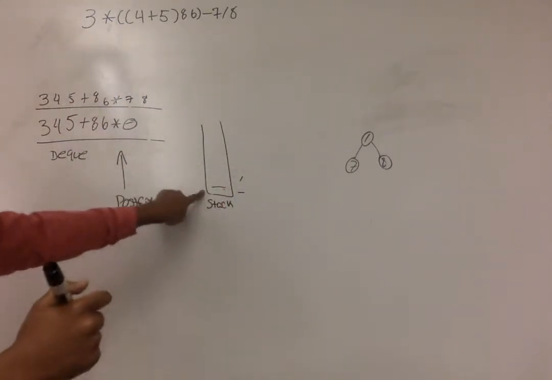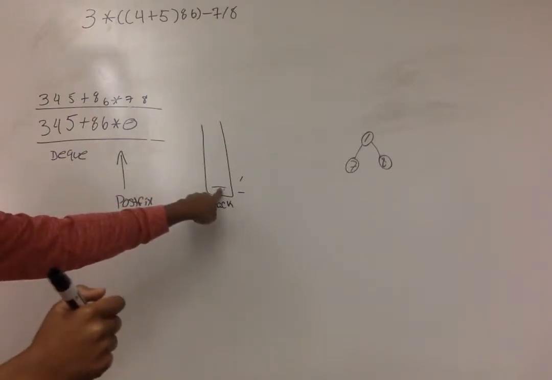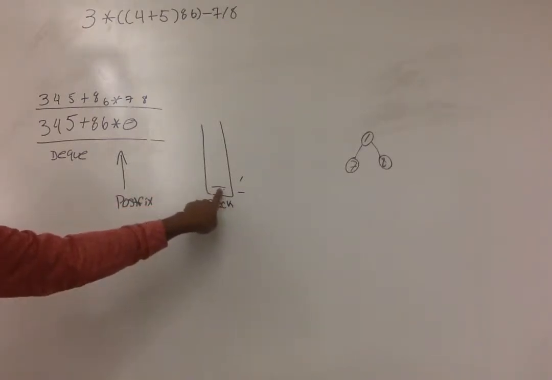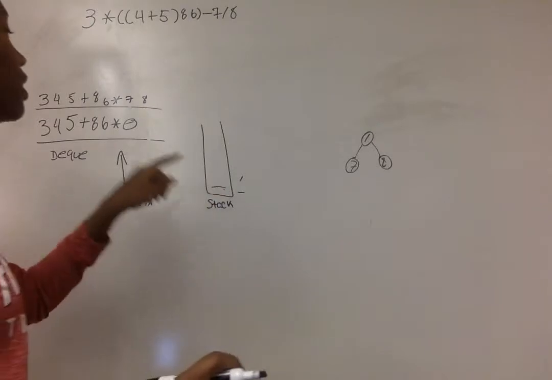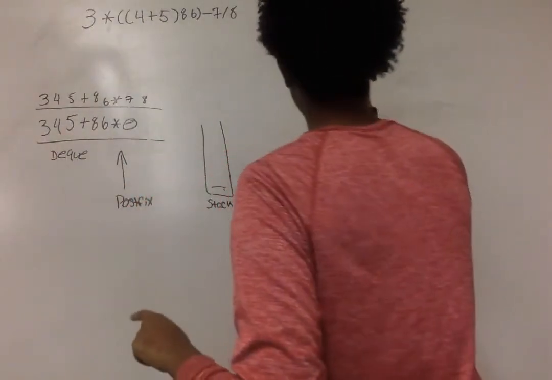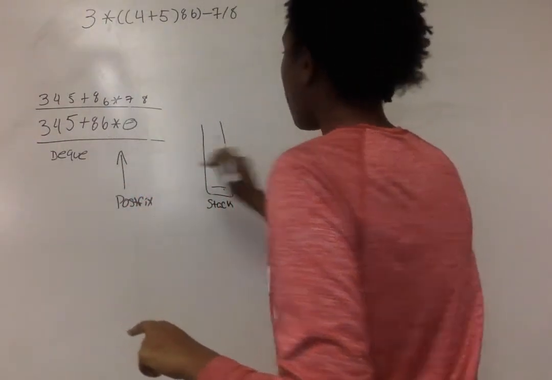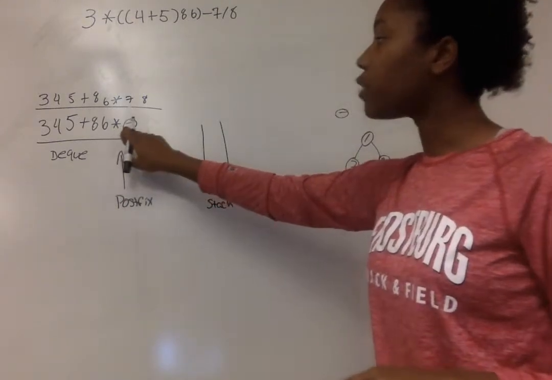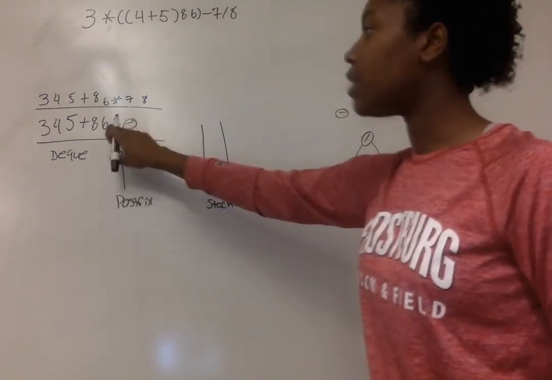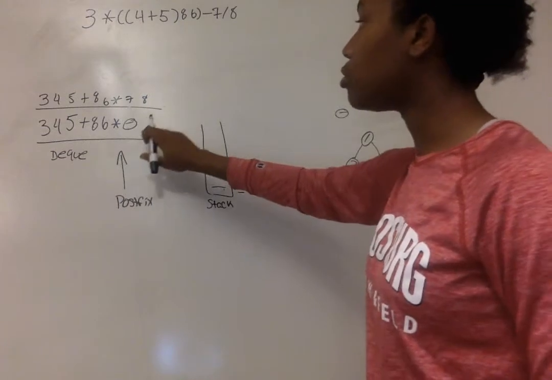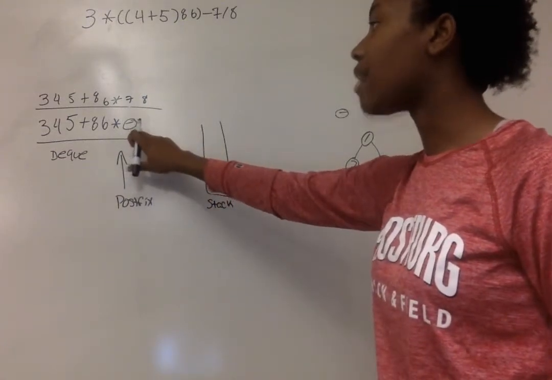Now we have another operator in the stack, which is a minus sign. With the minus sign, you do the same thing. Remember, we put the reference back into the deck. And then we have a multiplication sign. Remember, the rule is you insert back right.